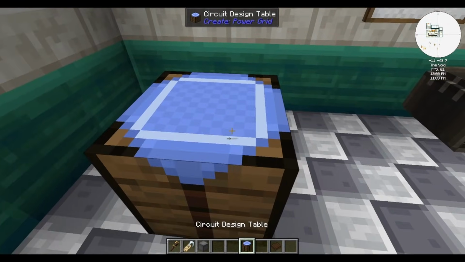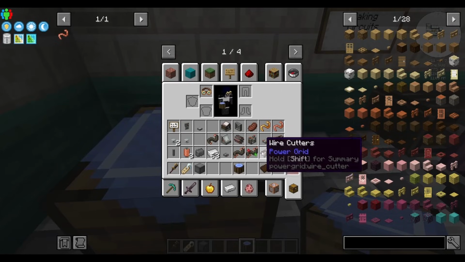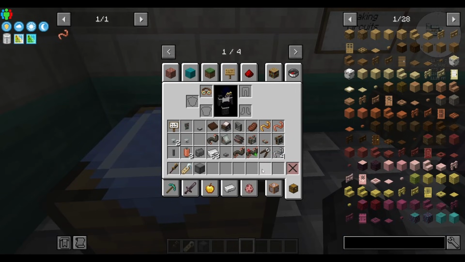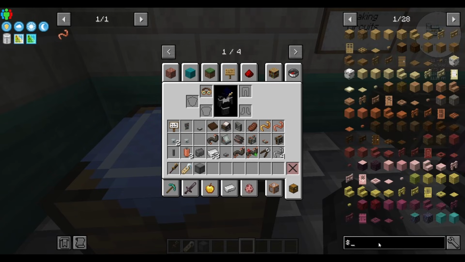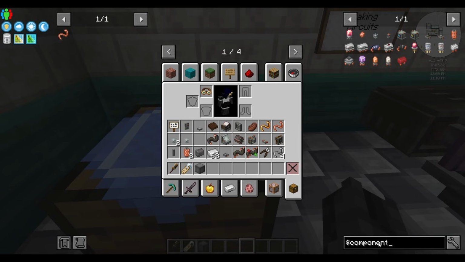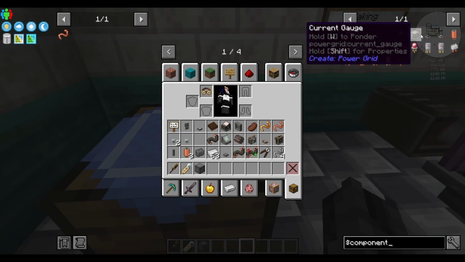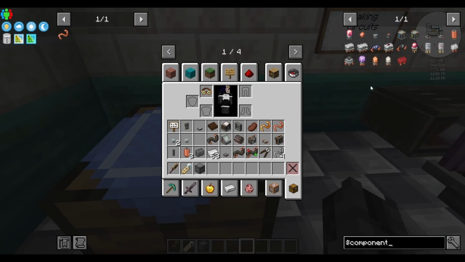To design a schematic, you need this circuit design table, which is made like so. And to know which parts to add to a circuit, you use $sign component. NJI. Here you can see all the components you can put on a circuit board.